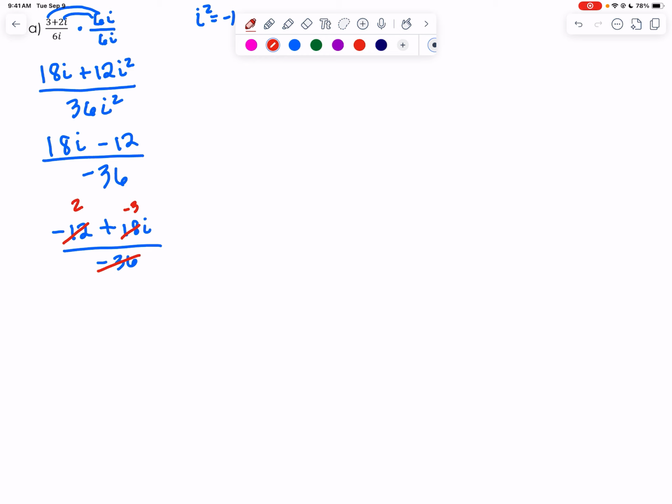And negative 36 divided by negative 6 would give me positive 6. So if I rewrite this, I would be rewriting as 2 minus 3i over 6. Again, I probably would not be too picky if you did not simplify it all the way, but I want you to see what it would look like fully simplified.